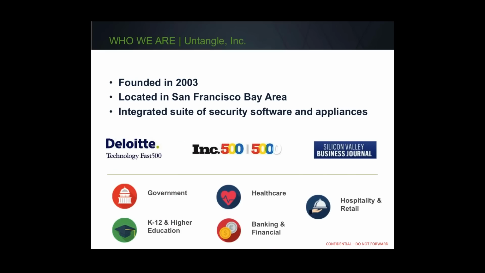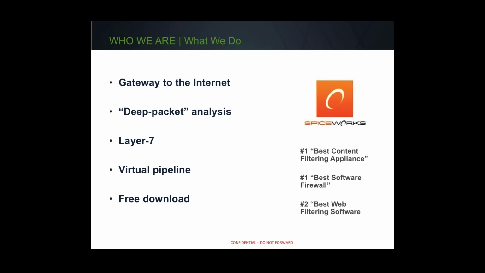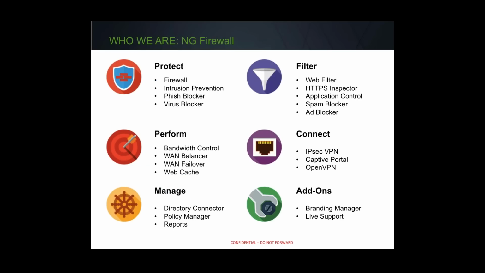The agenda: who we are, what Untangle does, and then what we can do for you. So we'll move on to the feature sets that Untangle offers. As I mentioned before, it's an all-in-one firewall solution. It's a unified threat management solution that protects your network and simplifies complex policy management.